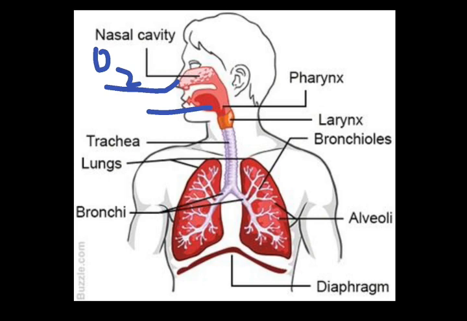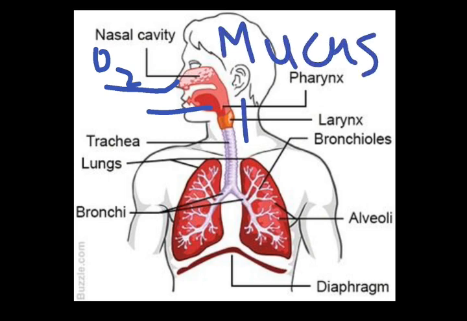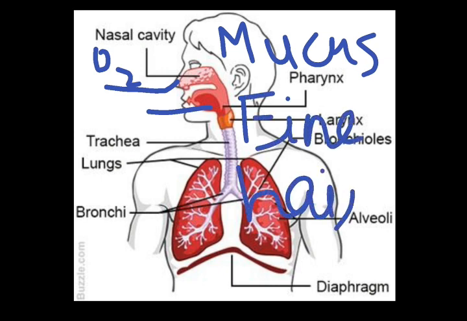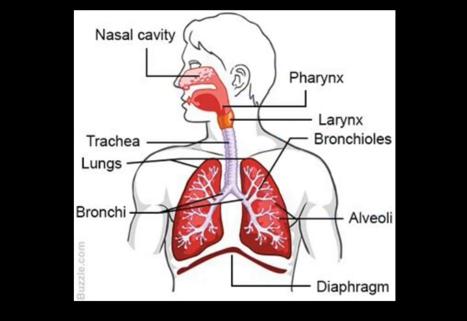The nasal cavity has mucus and fine hairs, and these are really helpful, because first of all they do not allow microorganisms to enter through our nose. Second, any dust particle coming through the nostril will not be able to reach further.